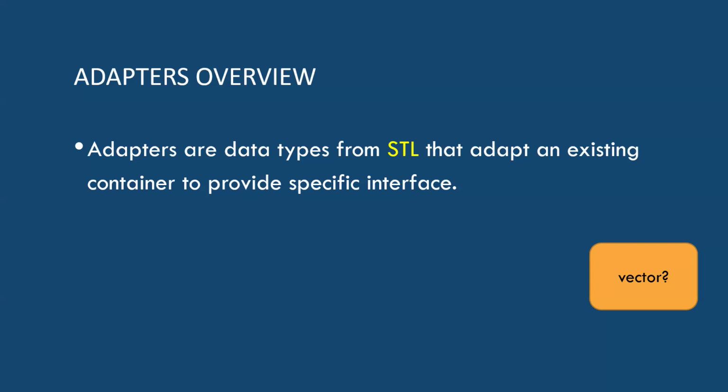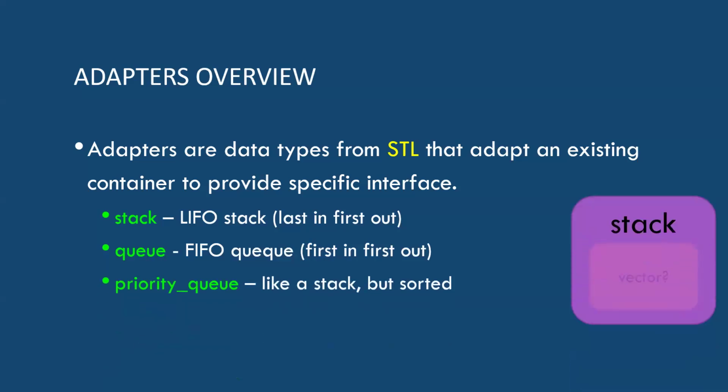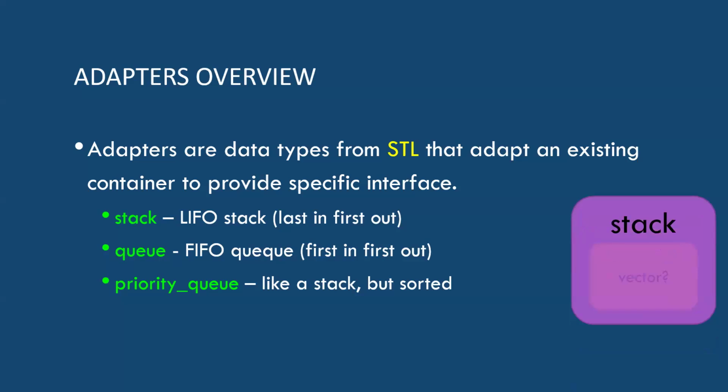So what the good people at C++ did for us was say, hey, we're just going to take these things and wrap something around it and call it something new. So in this particular case, vector is a base class for the stack. We don't see it and we don't know it because it's sort of hiding underneath the stack wrapper, okay?